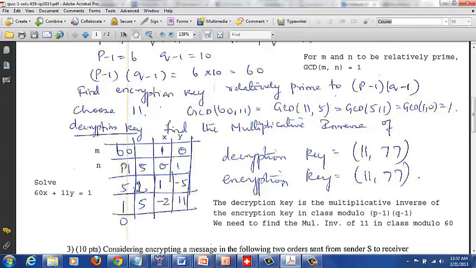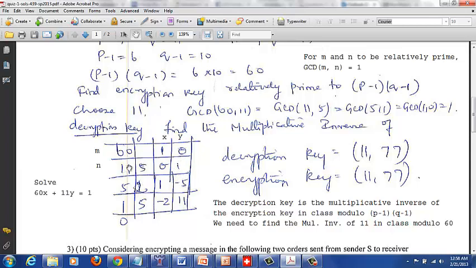So go to the extended Euclid's algorithm. So 60, 11, and then these are the initial values 1, 0, 0, 1, and this is empty. What we are going to do is find the quotient. 60 divided by 11, the quotient is 5, the remainder is 5. So this term is 1 minus 5 times 0, which is 1. 0 minus 5 times 1 is negative 5.